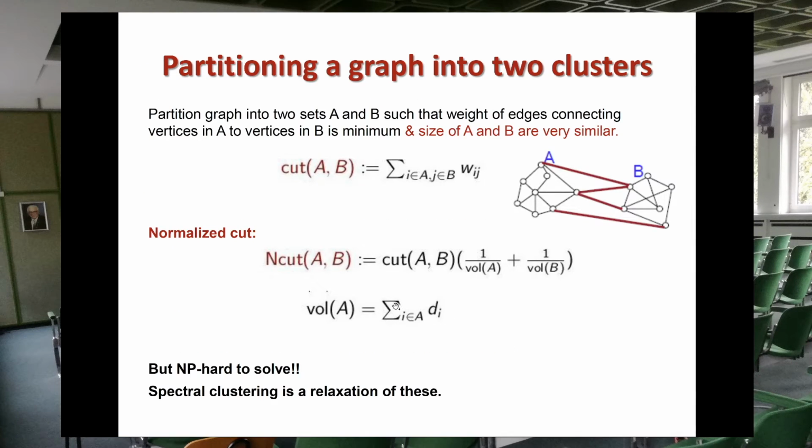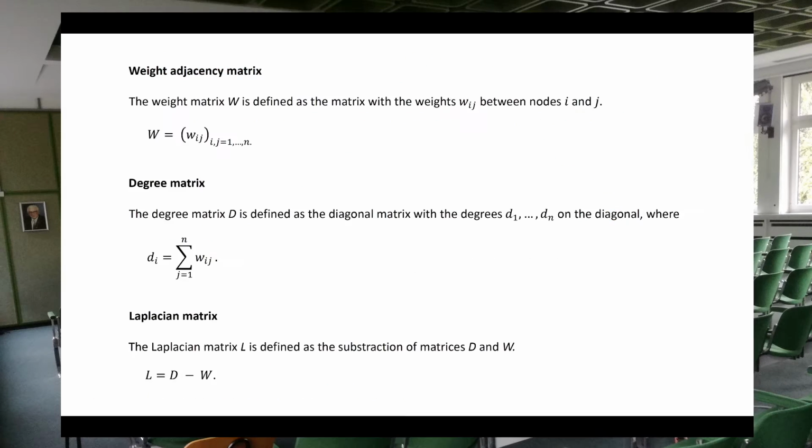In this specific case, when we mention the volume of A, check, for example, this point here in A, the sum of all the weights that go out of the node I. And the third matrix is the Laplacian matrix.